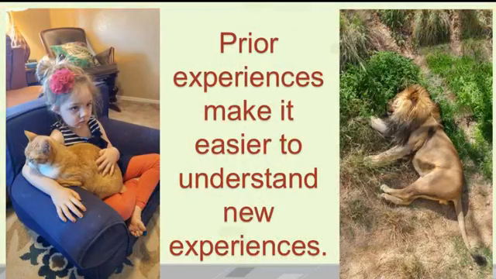So all of those experiences that we have, they're called our prior knowledge, and they kind of go into this big bank of experience and the language that happened during those experiences, and they make it easier to understand new experiences that happen. So, for example, here is Cora, and she is chilling and enjoying some time with the cat.